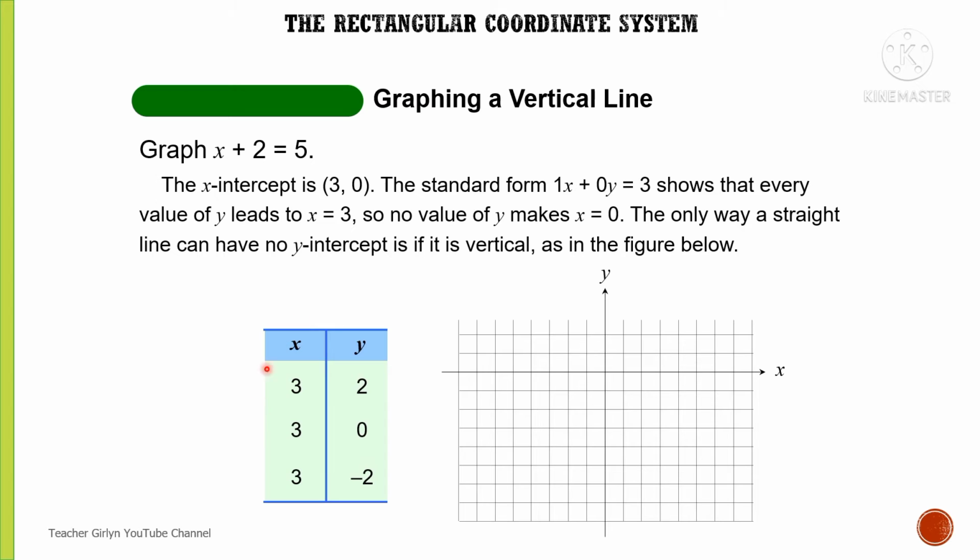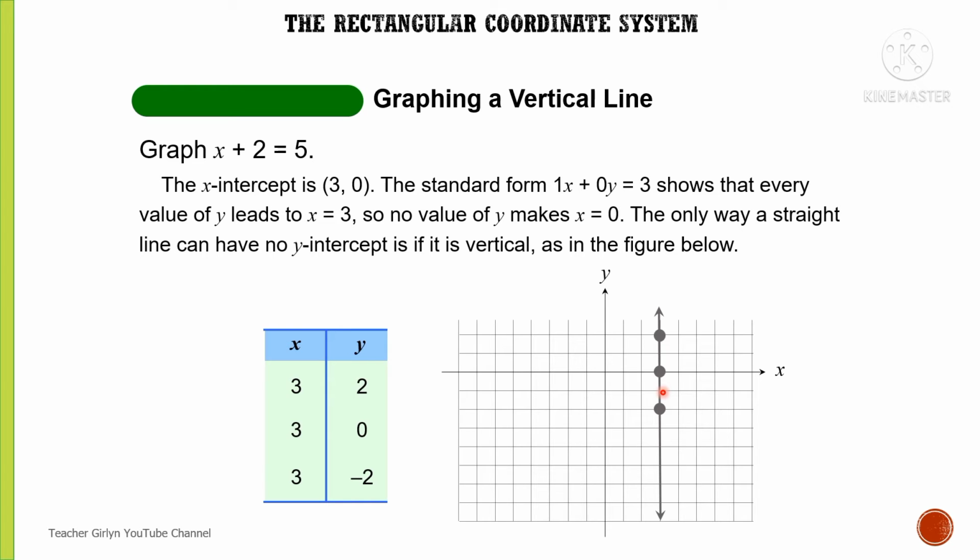So we have the table here, the ordered pairs (3, 2), (3, 0), (3, -2). As you observe, the three ordered pairs in the table form a vertical line. And there is an x-intercept here, which is (3, 0).